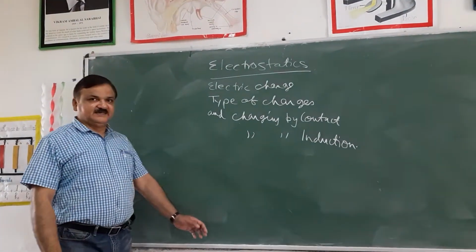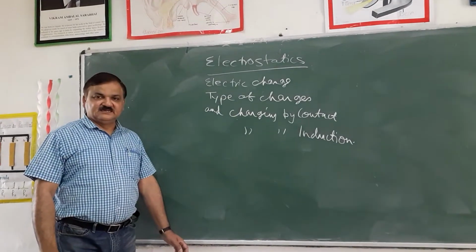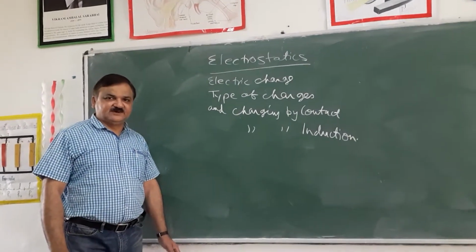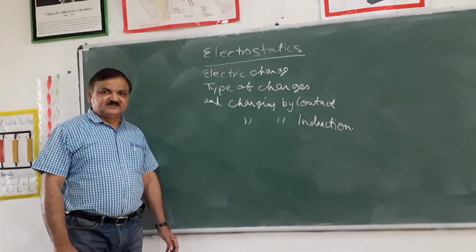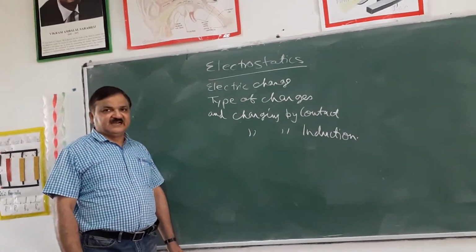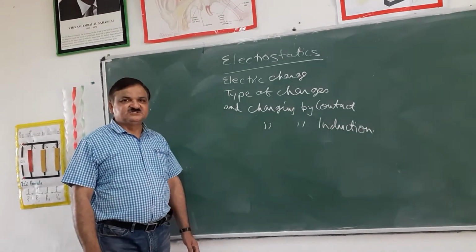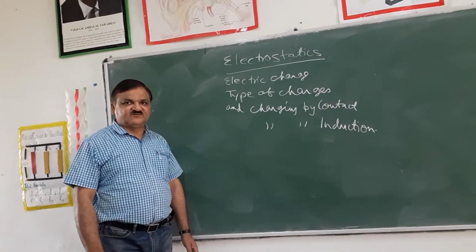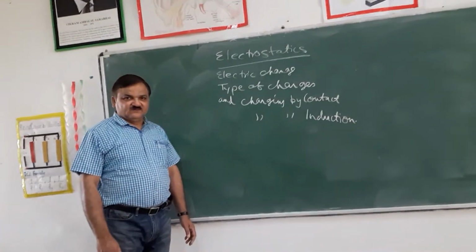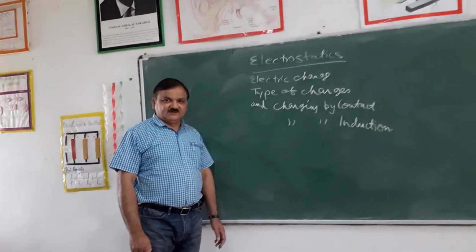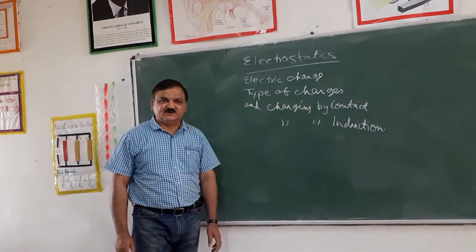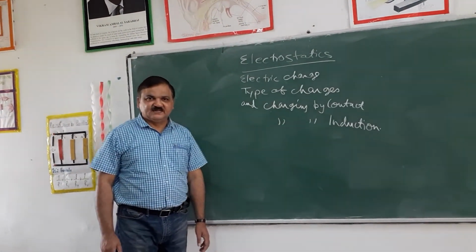As you know that when a light body is rubbed with another light body, then these two light bodies are said to be charged or electrified. One body develops positive charge and other body develops negative charge.